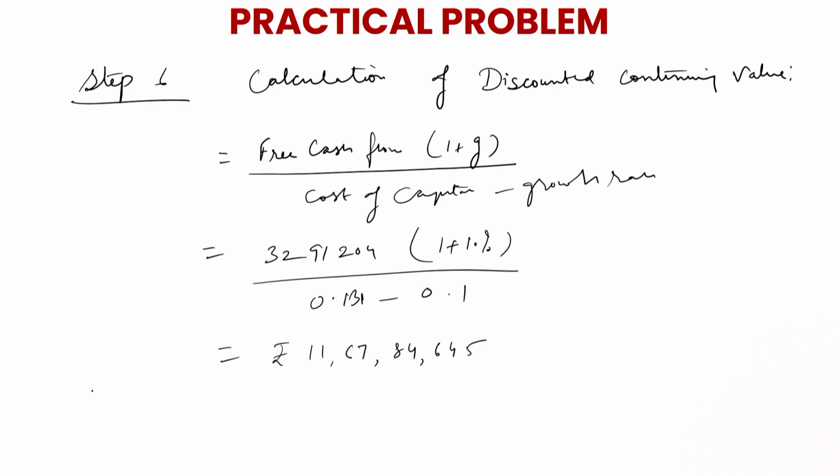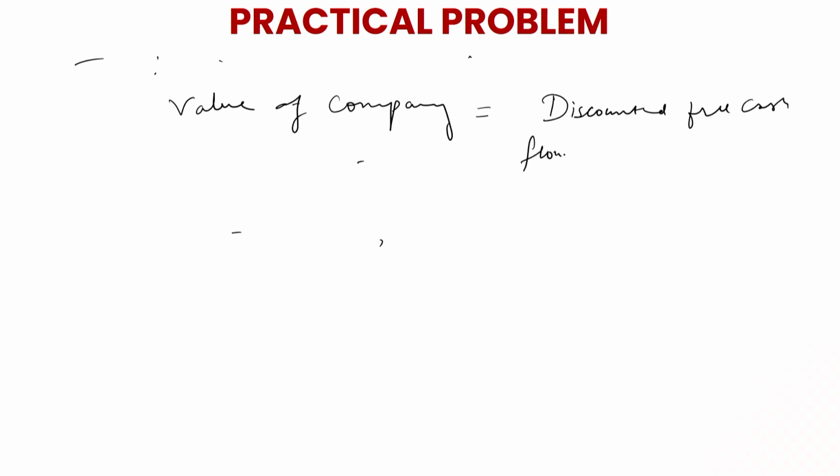Now we calculate the value of the company. For that, we use the formula: value of company would be equal to discounted free cash flows plus discounted continuing value.